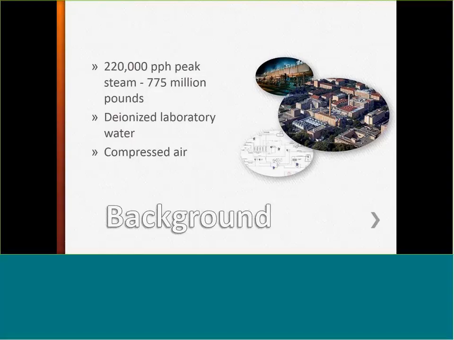We generate our own steam for campus heating and research labs, and in the winter we peak at around 220,000 pounds per hour of steam. We produce deionized water for both our boiler feed makeup and laboratories around campus, and we also produce our own compressed air.